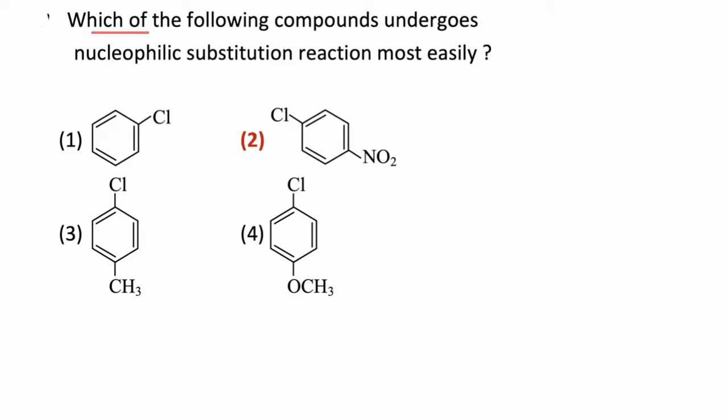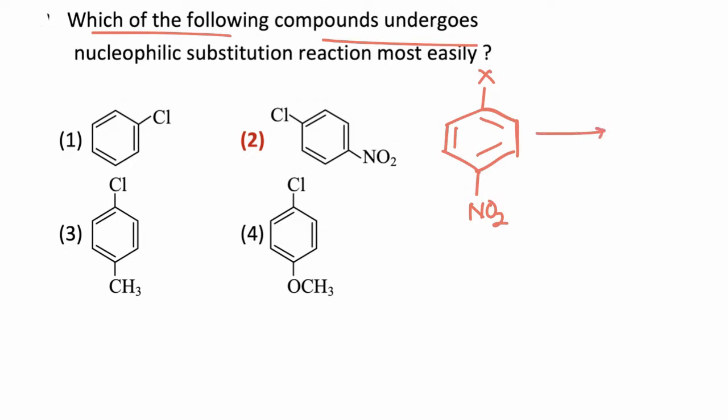In this question, we have to find which of the given compounds is most reactive for nucleophilic substitution reaction. If a halogen is attached to a benzene ring, it will react via neither the SN1 nor the SN2 mechanism. But if an electron withdrawing group is attached at the ortho or para position, then the SNAr reaction takes place.